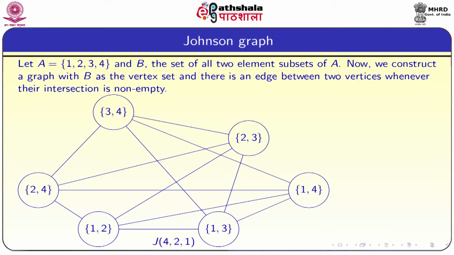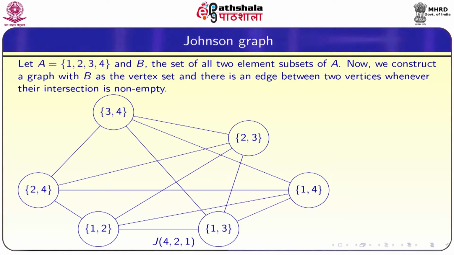These are all two element subsets. Now {1,2} and {1,3}, there is an edge. It is because their intersection is non-empty. 1 is common to these two sets. There is no edge between {3,4} and {1,2}. It is because there is no element common to these two sets. So like that we constructed the graph.